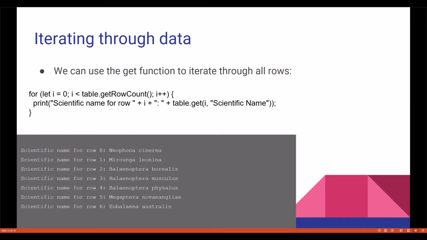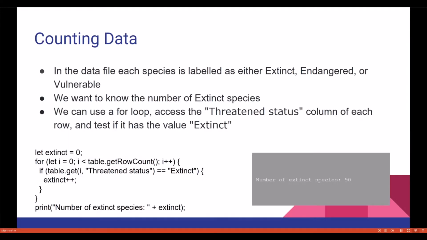And here's an example of how you would get all of the different values from a certain header name. And another example where we go through the data and keep track of every time we find a species that has the keyword extinct under their threatened status.